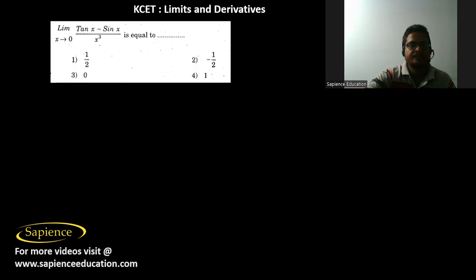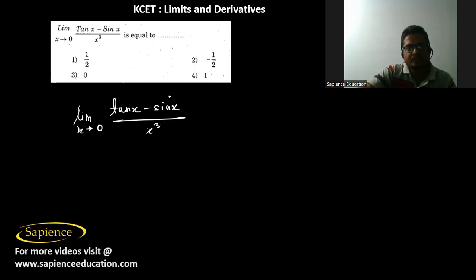Then here we have to find limit x tends to 0 of (tan x minus sin x) by x cube. From here we can take sin x as common.